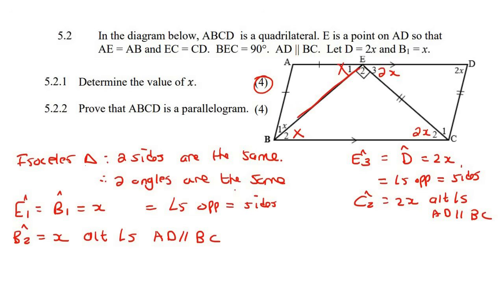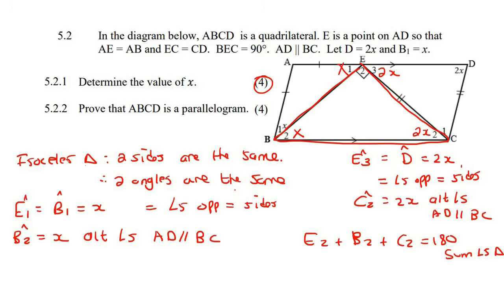Now, if you look inside this triangle, what should all of those angles add up to? Well, they should add up to 180. So we could say that angle E2 plus angle B2 plus angle C2 must add up to 180, and that is because of the sum of angles in a triangle. And so E2 is 90, B2 is x, C2 is 2x. Now you can go and solve for x.